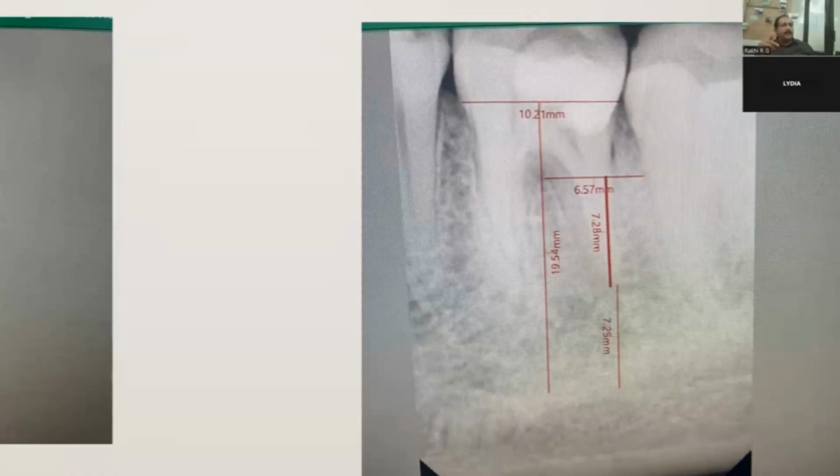That means you're going to place it in an area not following exactly the apex of this region. It should be more closer towards the interradicular bone, straight down up to the interradicular bone crest. Maximum permitted is 12. Your implant is only 11.5.